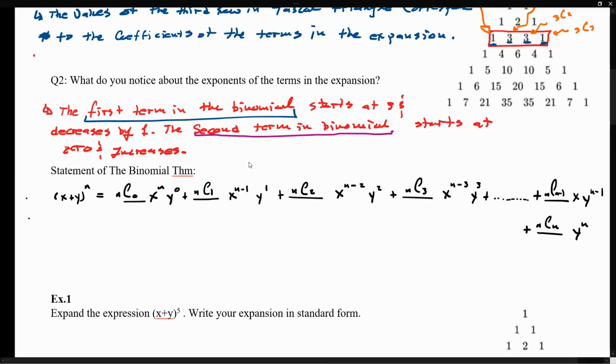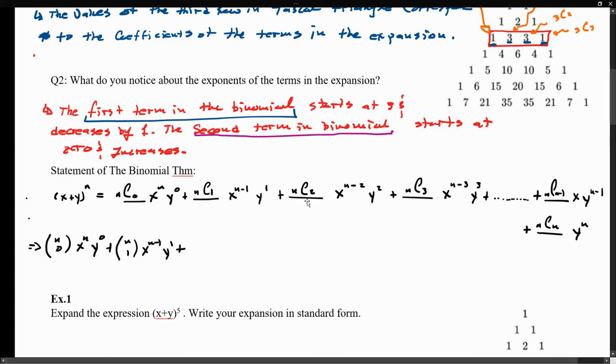Now, this same statement can also be written as (n 0) x to the n, y to the 0, because remember that this is just another way that we can write down choosing. So n choose 0 is just a different notation, but I want you to get exposed to it because sometimes it is written this way as well. Then instead of writing n choose 1, I could have just opened a parenthesis and put n on top, 1 on the bottom, times x to the n minus 1, y to the 1.